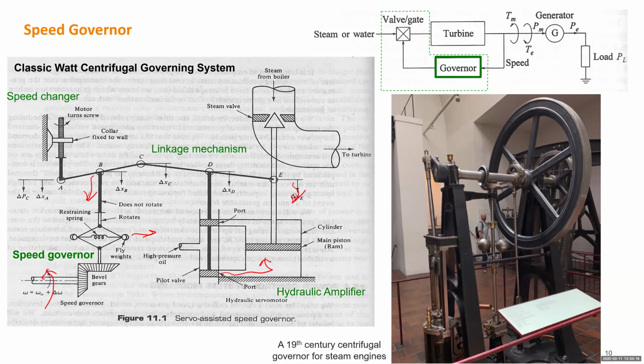Another input will be this setting frequency. If you move this point, with a motor turning a screw up and down, you can set the initial position of this point A, which defines at what speed you operate this rotor. So there will be 2 inputs to this component, both modeled in that transfer function.